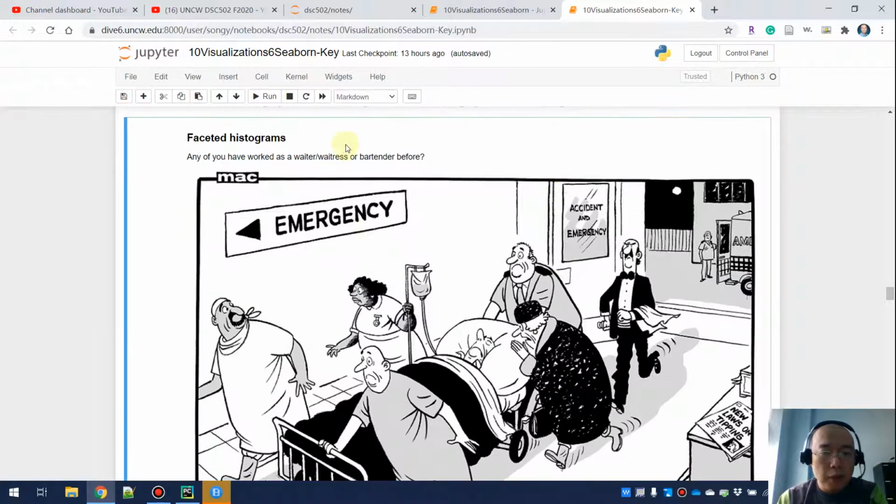Okay, so let's move on. Before we do the next dataset and the next visualization, we want to talk about tips. I don't know how many of you have worked as bartenders and waitresses, and of course are earning tips, right?